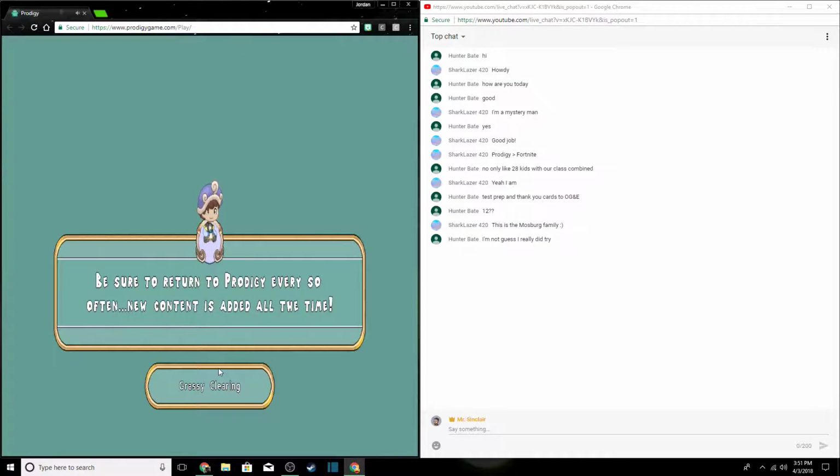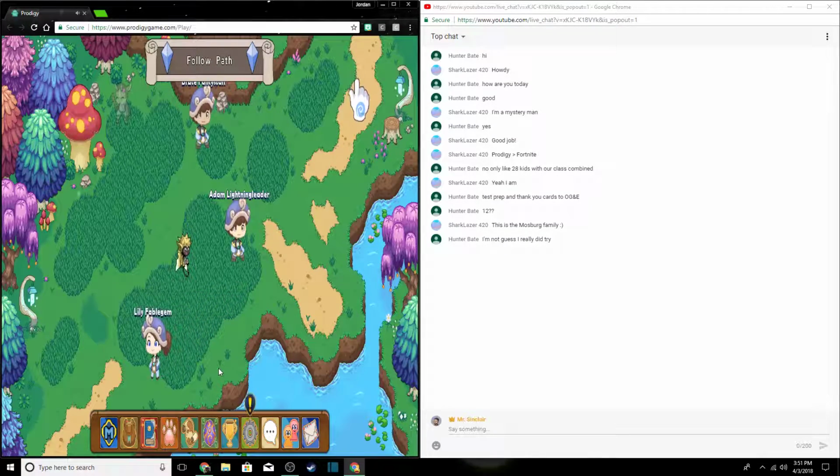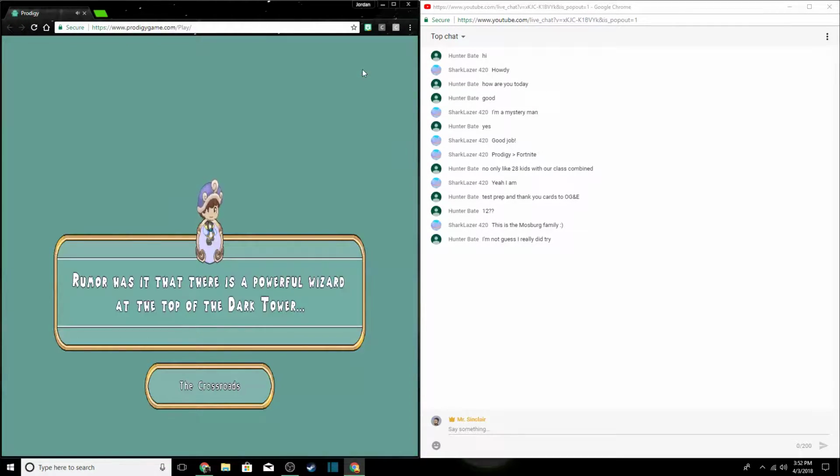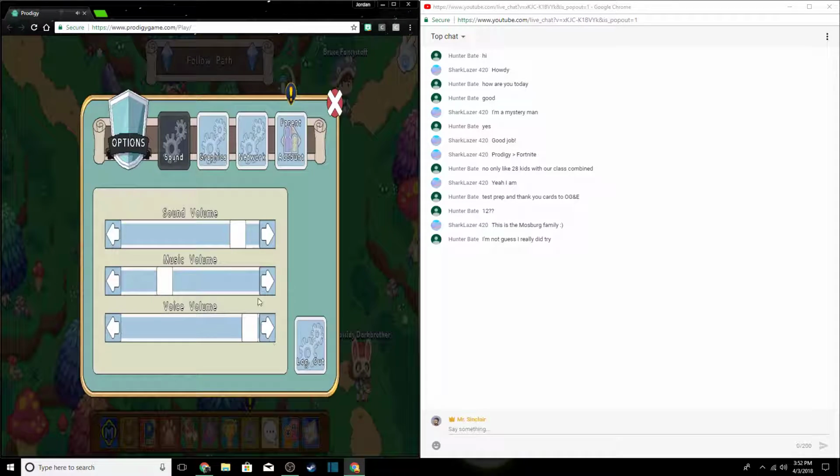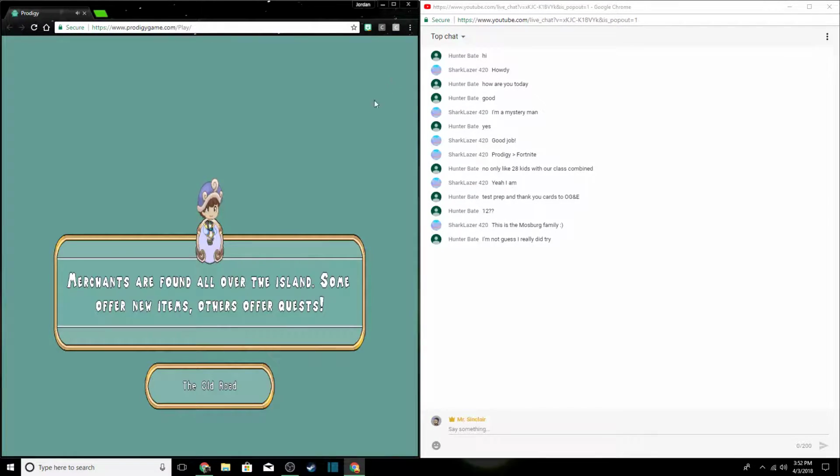Here we go. Ah, goodness me. All right, let's move up this arrow. This pointer keeps on telling me to go that way, so I'm going to just follow this thing. I still have no parent control.